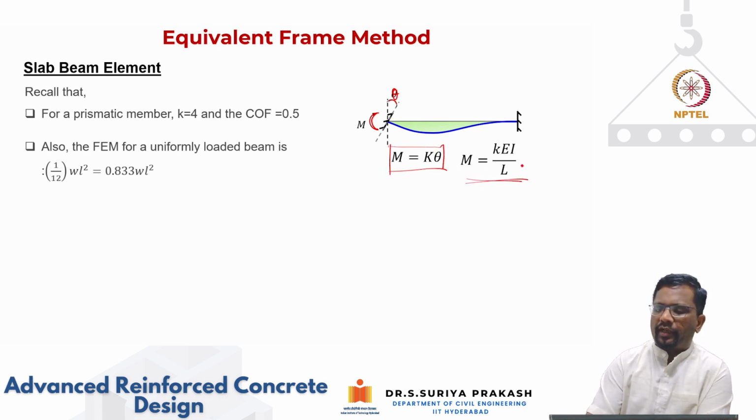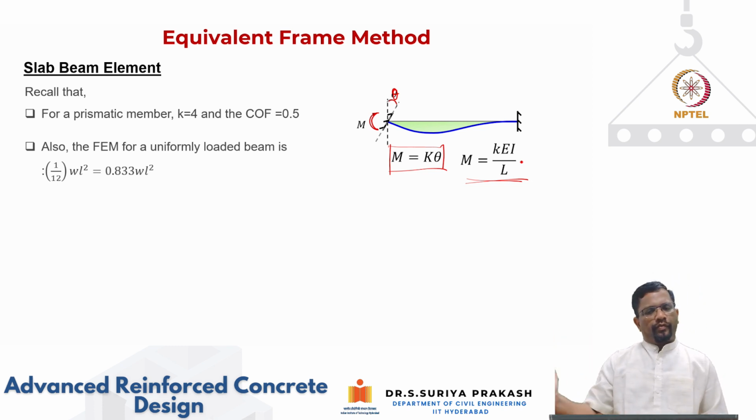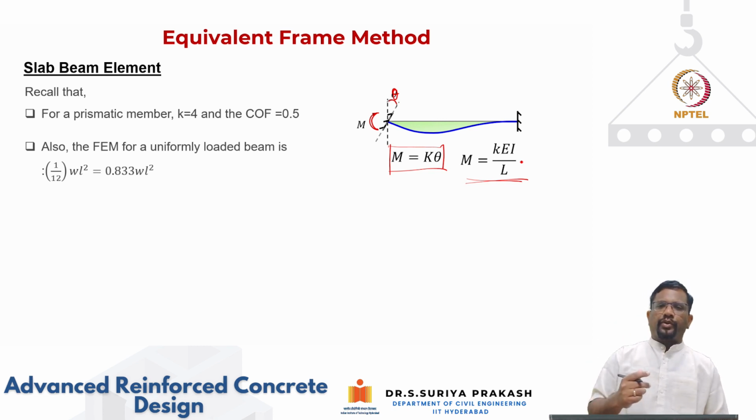Now what should be k when the far end is fixed? k will be 4EI by L, right? So to create unit rotation when the far end is fixed, at the near end I need to apply a moment of 4EI by L.